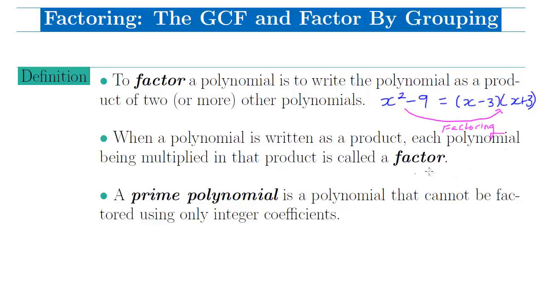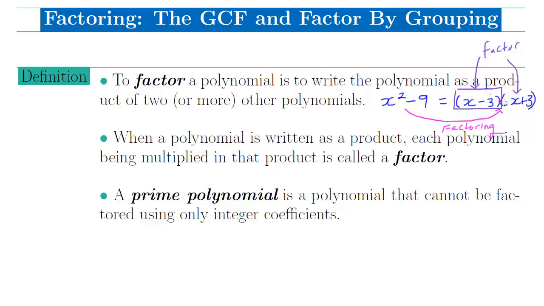Another use of the word factor comes from trying to describe each of the quantities in this product here. Okay. So each quantity in the product x minus 3 times x plus 3 is called a factor. Okay, so x minus 3 is a factor here, and x plus 3 is also a factor here.